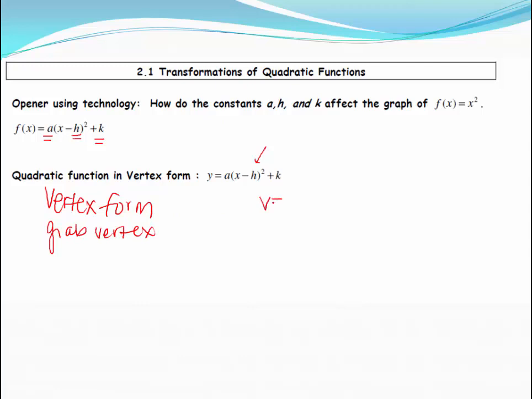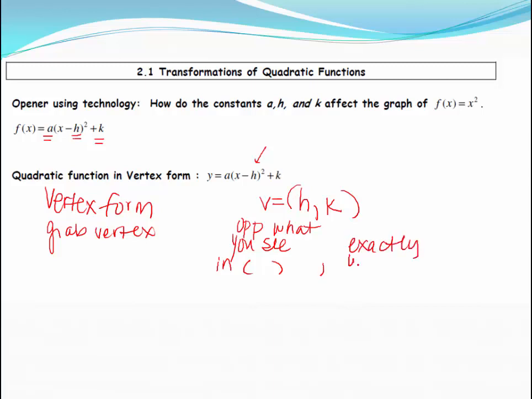So our vertex is going to be h comma k. Now notice here it says minus h, so it's really going to be the opposite of what you see in the parentheses, comma, and then exactly what you see outside the parentheses. So that's going to be your vertex.